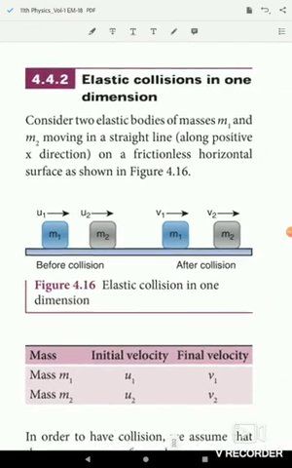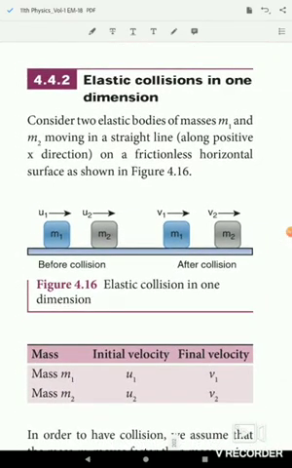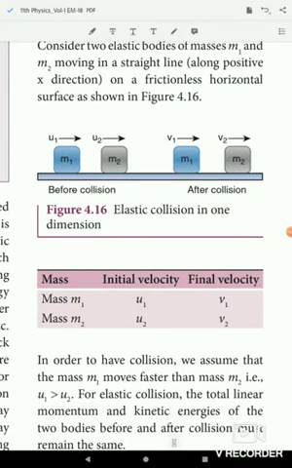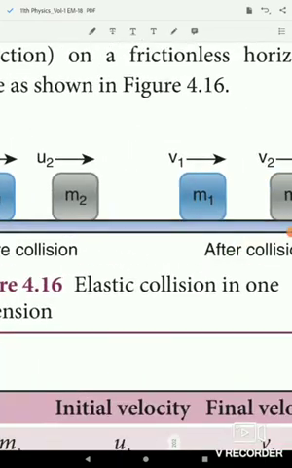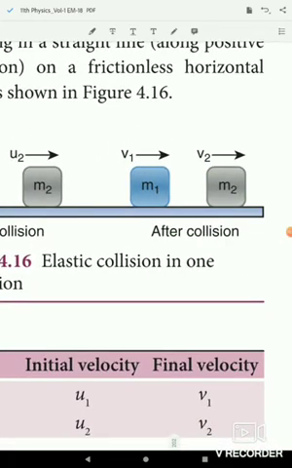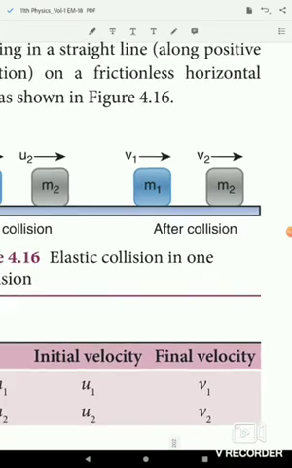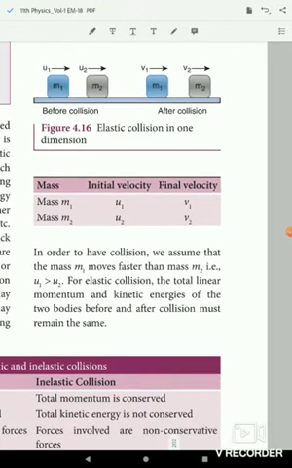So this is before collision. After collision, the bodies move in the same positive x direction. The mass m1 has velocity v1 and m2 has velocity v2.